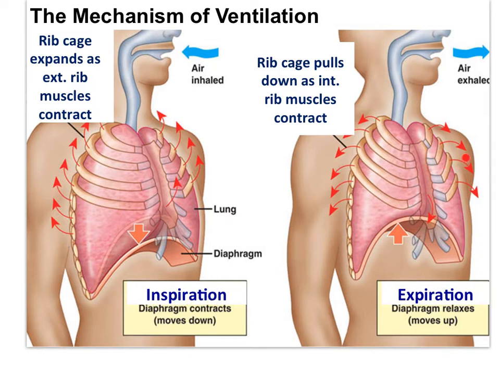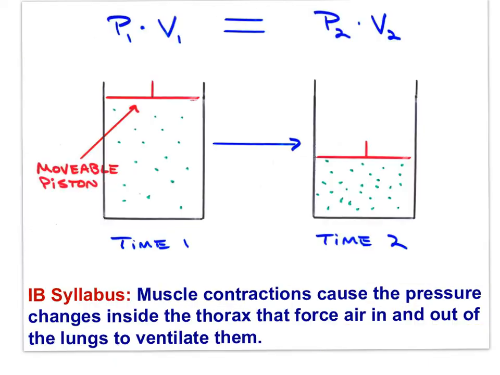Expiration results from a compression of the rib cage and a relaxation of the diaphragm where it pushes up. This decreases the volume of the thoracic cavity. Air is exhaled. This is expiration. From past science courses, you should remember Boyle's law, which displays the relationship between pressure and volume in a closed container.